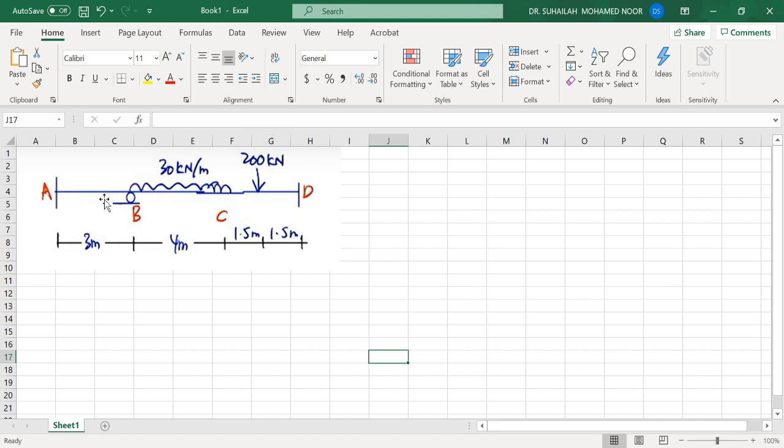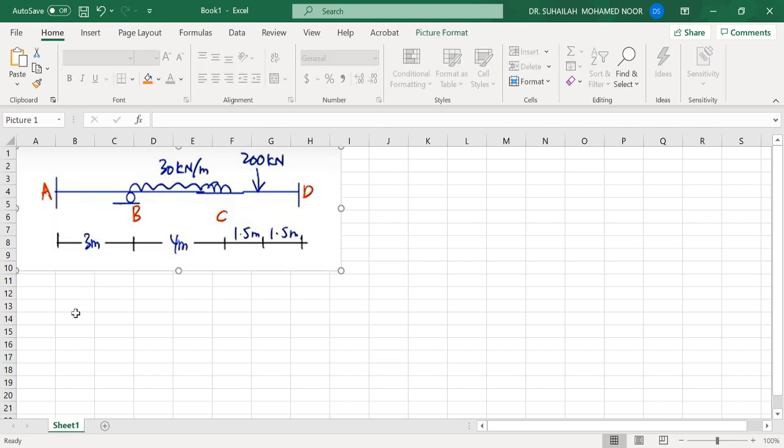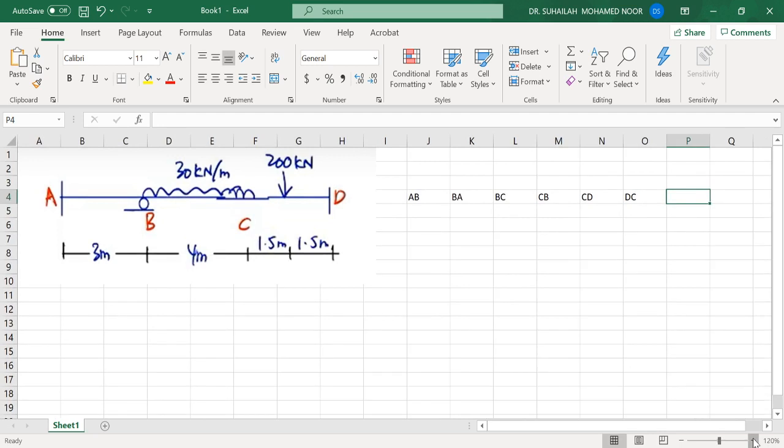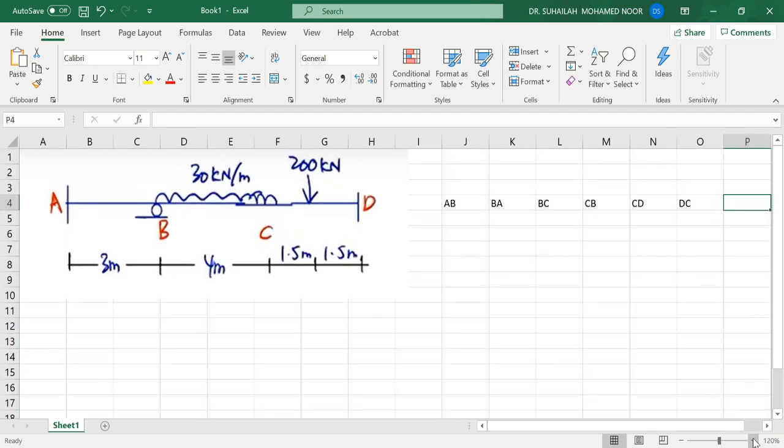Remember that when we have three elements like this, we will have 6 member end moments, because one element has 2 ends, and there are 3 elements. So the 6 member end moments are AB, BA, BC, CB, CD, and DC.